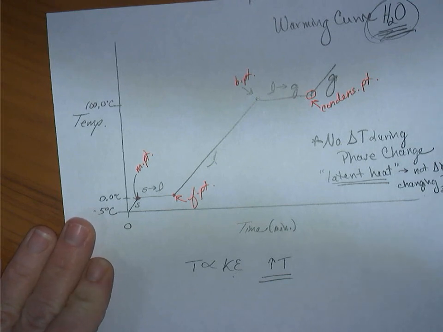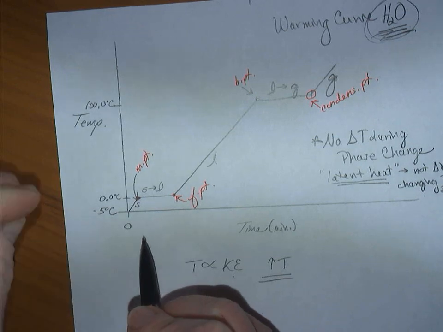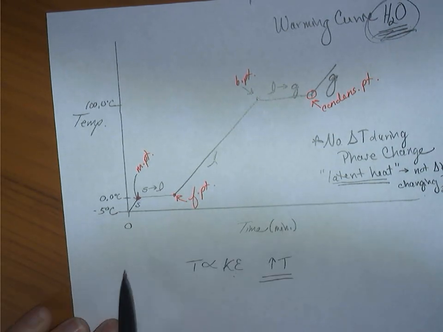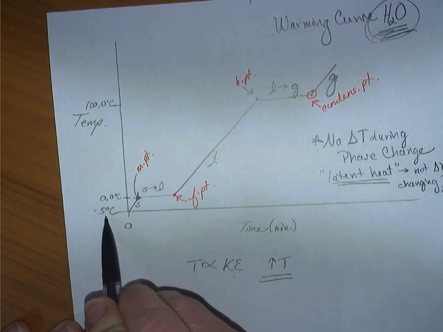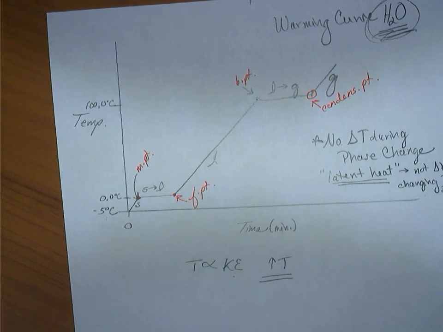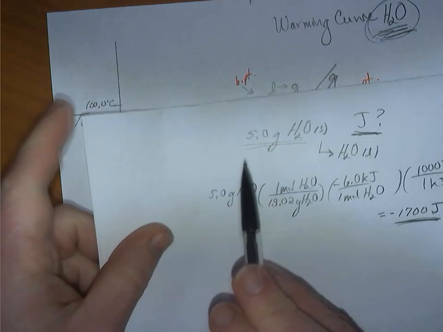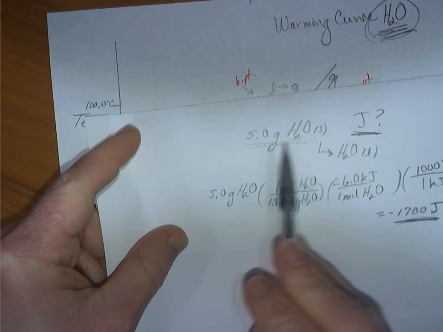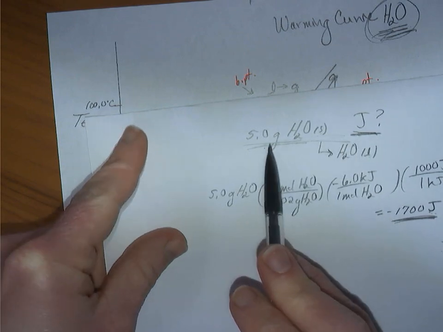Let's say you grab 5 grams of water, probably an ice cube, out of the freezer. And what if it is at -5 degrees Celsius? So what if we wanted to take our 5 grams, and they're not starting at the melting point?